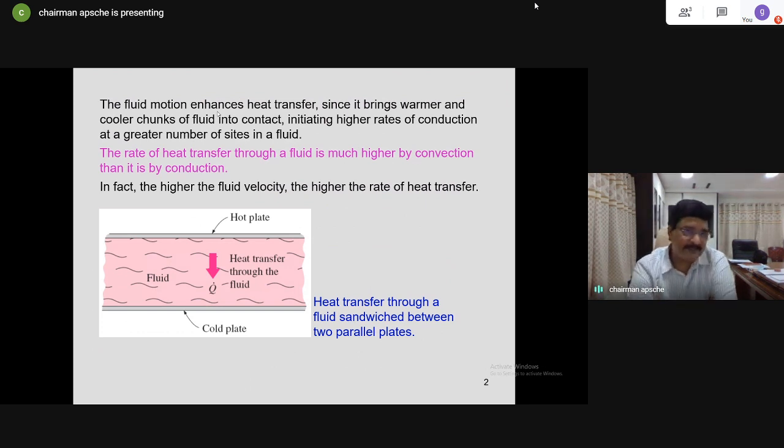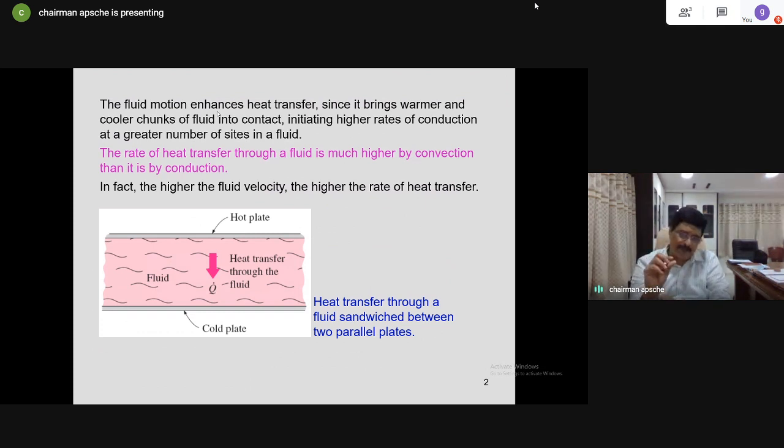The second thing is, you will be surprised, we did discuss about the specific heat. What is specific heat? Specific heat is the amount of heat required to raise the temperature of unit mass of a substance.